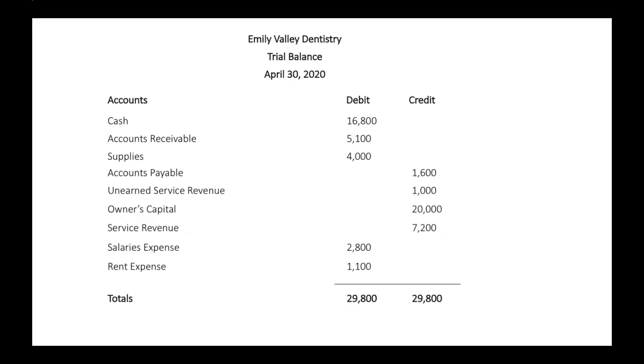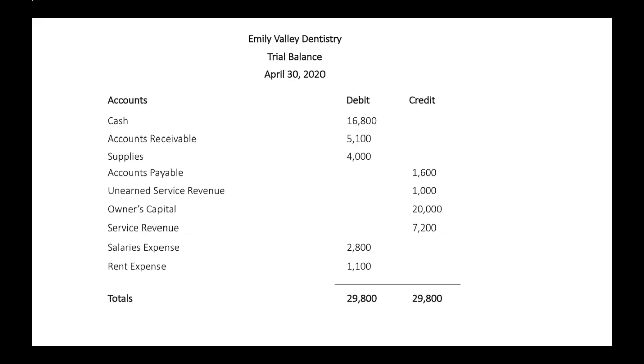Maybe instead of 1,100 for your rent expense, you accidentally just put in 1,000. And that messes up your total amounts there, right? So just make sure that you didn't make just a math error while calculating your totals.